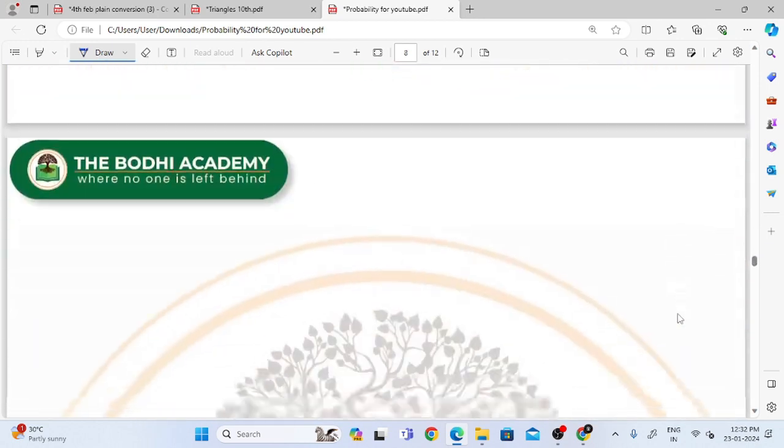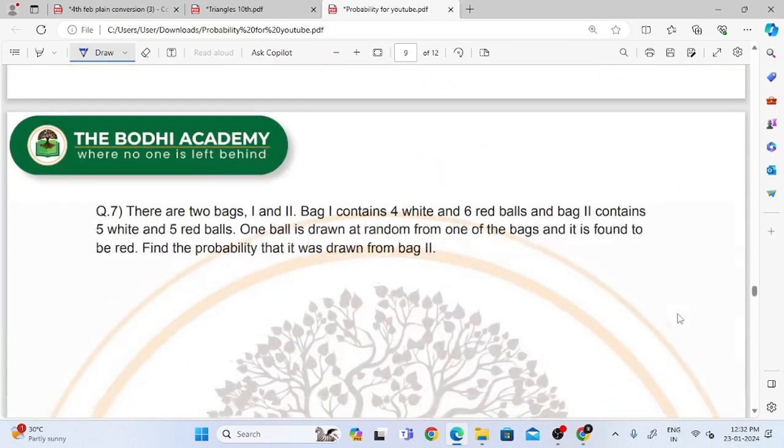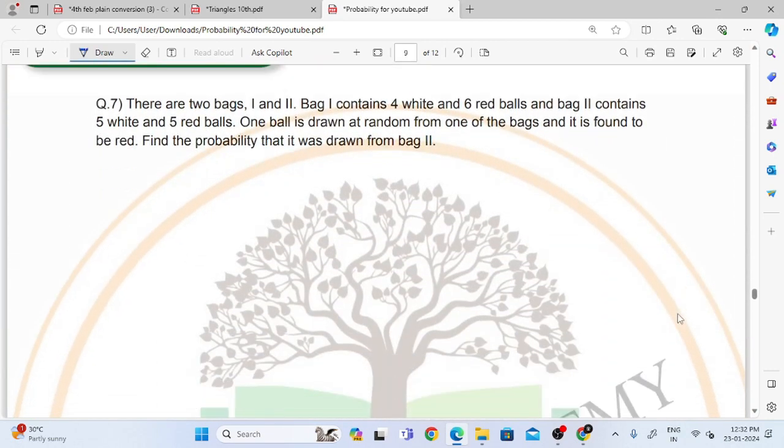Now look at the next question. Okay, this is again the same type. So look, now two bags are there. Let's say selecting the first bag is E1, selecting the second bag is E2. So the probability of selecting the first bag is 1 by 2, and selecting the second bag is 1 by 2.